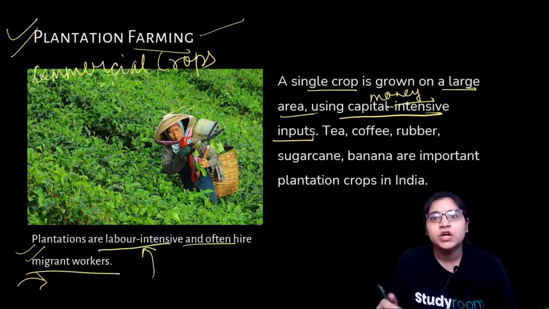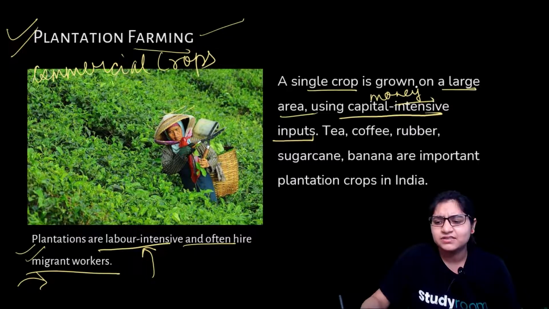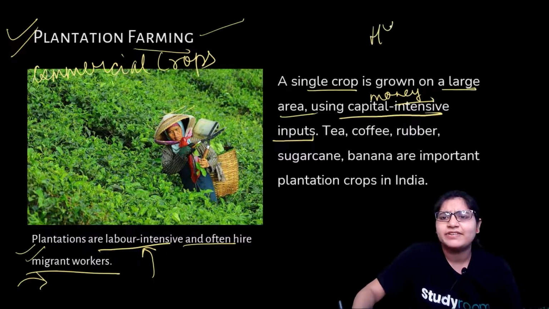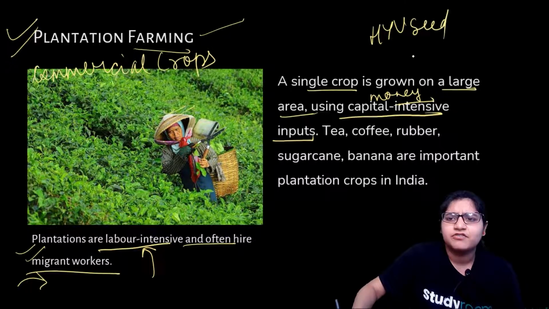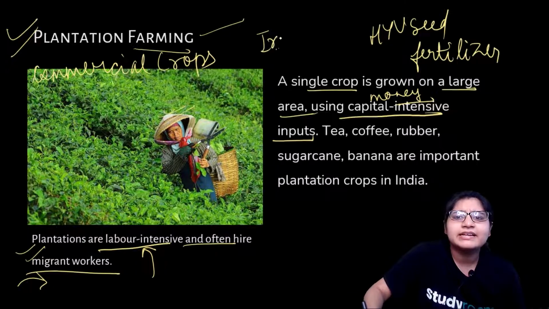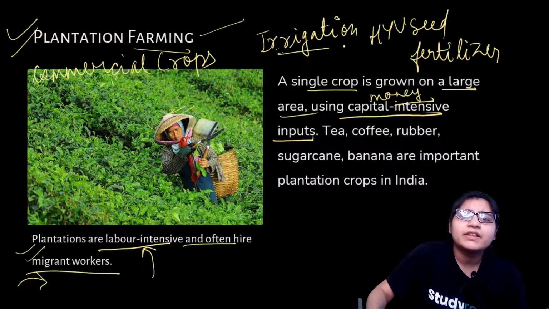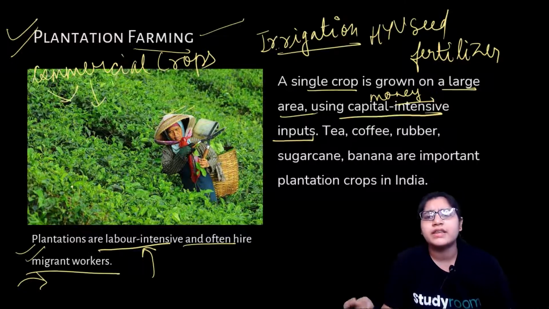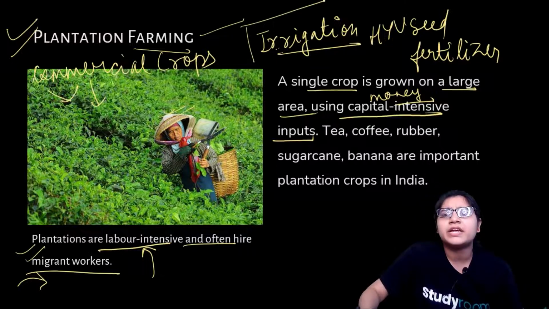A lot of money to buy certain inputs, right? Like HYV seeds, fertilizers, modern methods of irrigation. But tea plantations are in Assam, in areas where they receive higher rainfall, so they can manage it. They do not need many irrigation facilities.